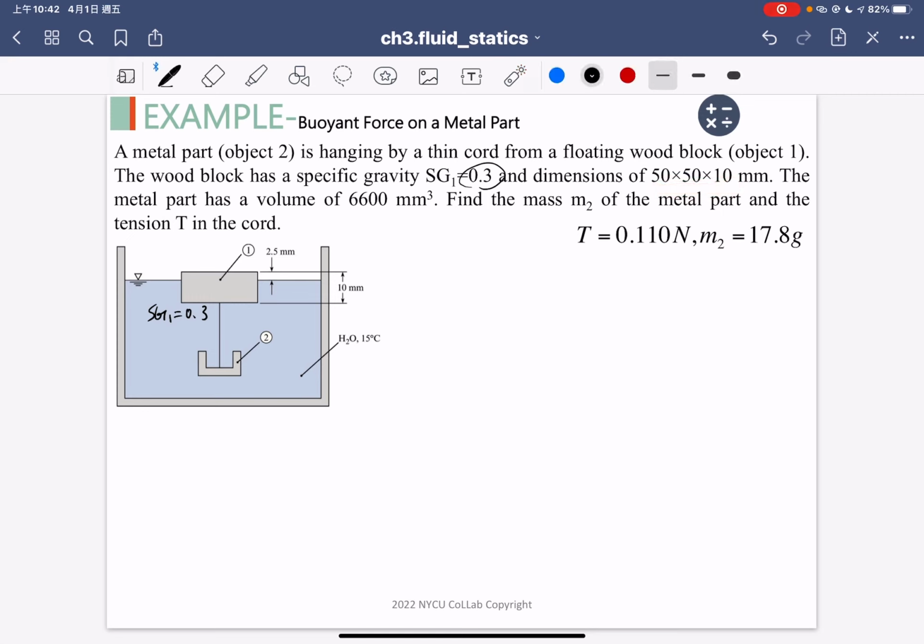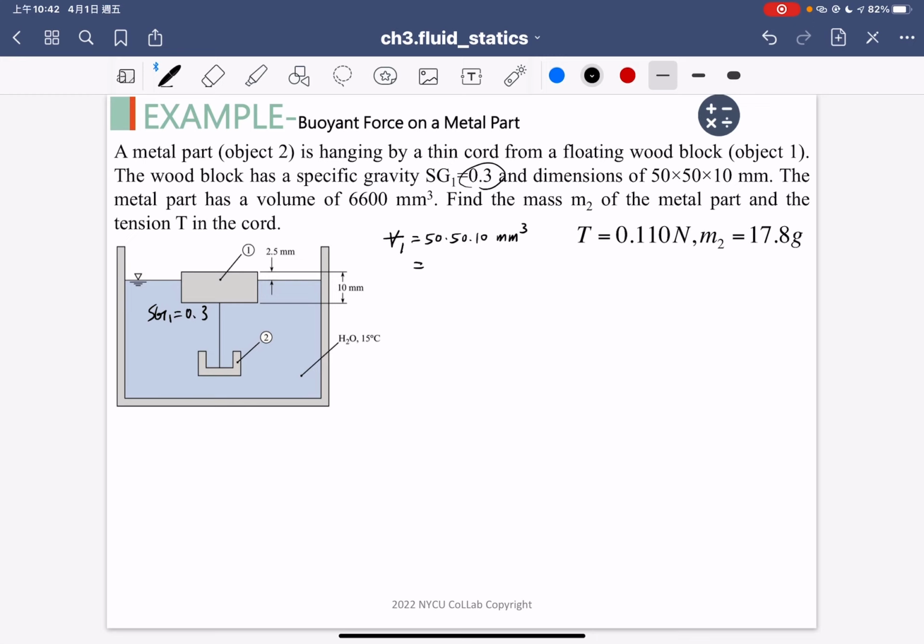So I can write down that the object 1 volume V1 is equal to 50 multiplied by 50 multiplied by 10, in cubic millimeters.